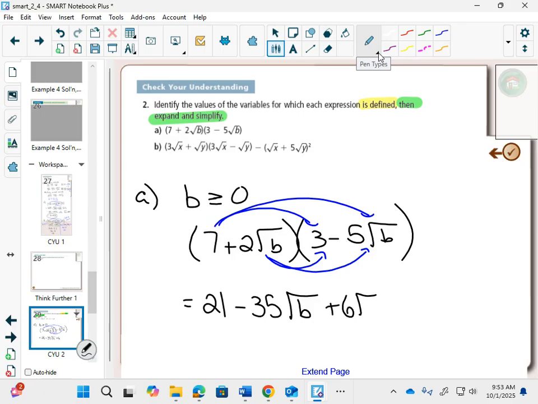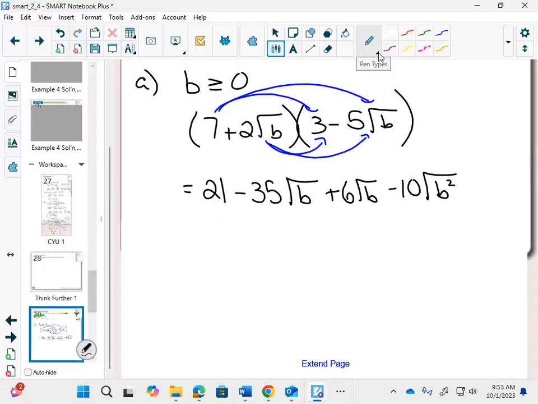And root b, we just have the one radical, so it just stays there, times root b. And 2 times negative 5 would be negative 10. And root b times root b, I'm going to write it as root b squared. A square root and a square root cancel out, but we're going to talk about, do we need the absolute values here or not when we take it out?